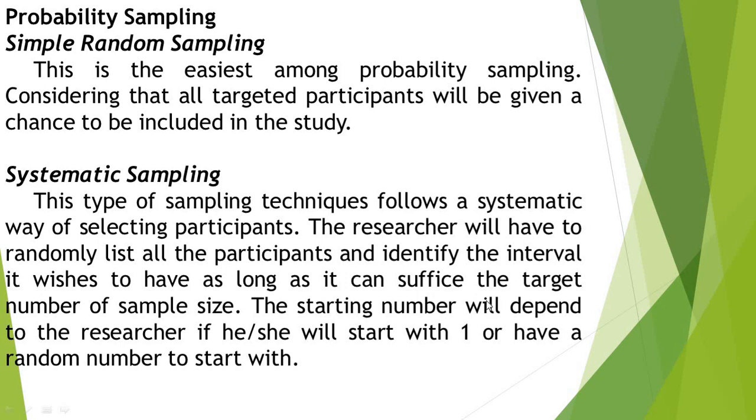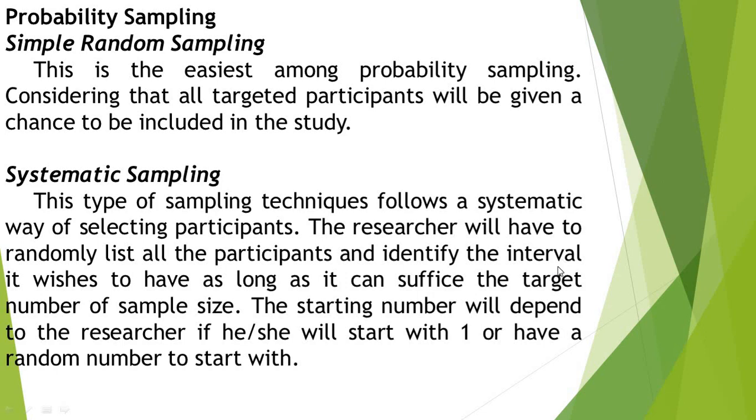Now, in probability sampling, we have various methods. Simple random sampling is the easiest among probability sampling, considering that all targeted participants will be given a chance to be included in the study. So what can you do to observe these probabilities?